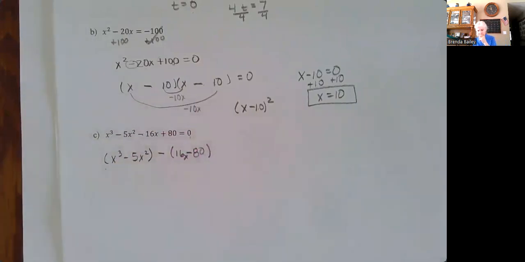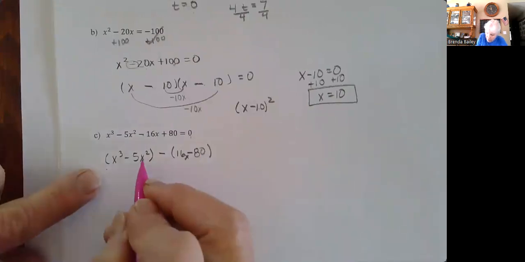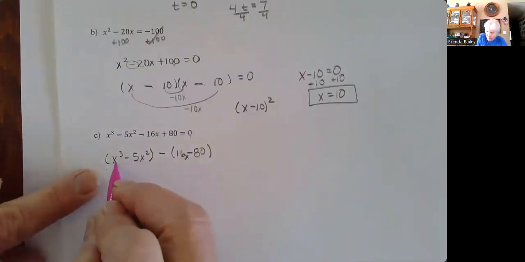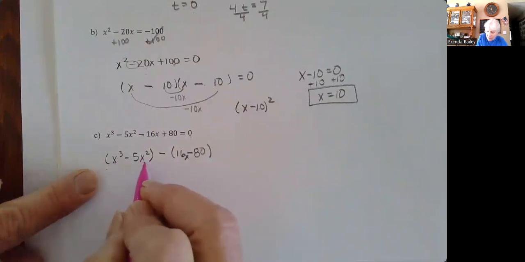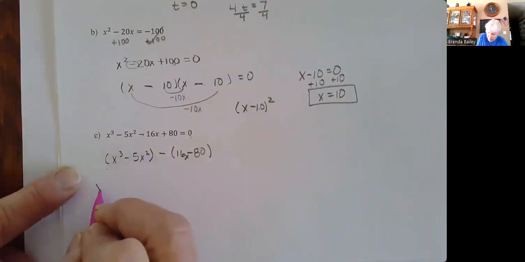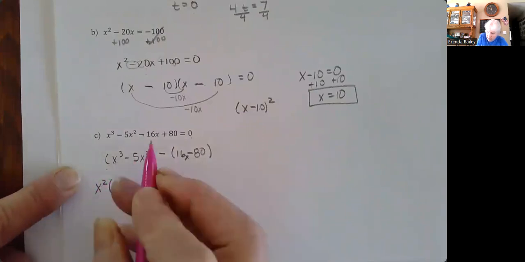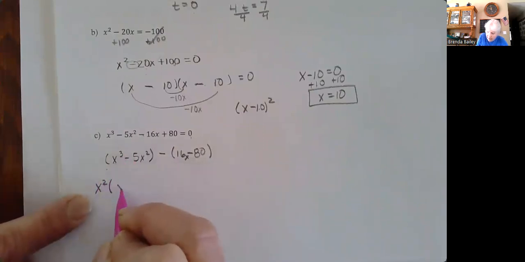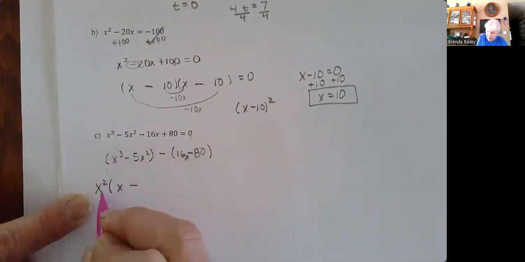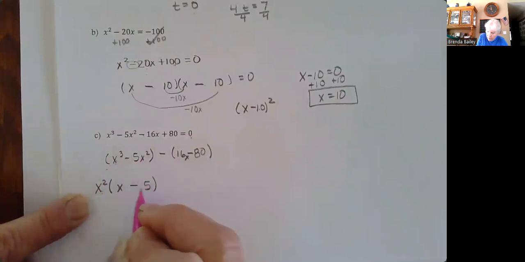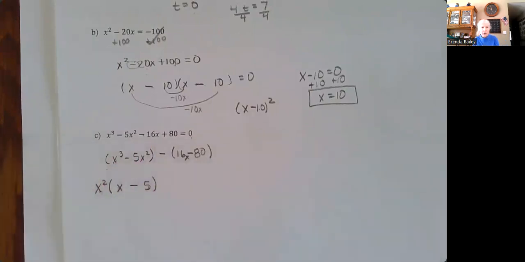Okay. Now within these groups, you pull out what's in common. Here, x squared. Okay, there's not a coefficient, but again, they both have x's and you use the smaller one. This divided by this is x, multiply, goes back. This divided by this is 5, multiply, it goes back. So this is how you do 4 terms. Minus.